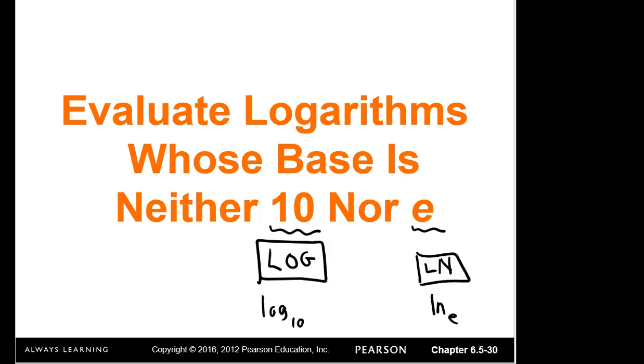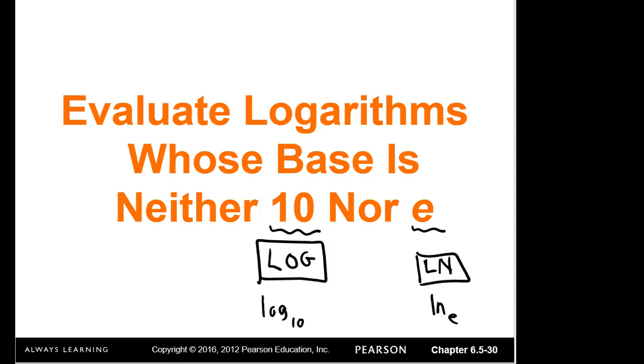But the bases are invisible. You just have to remember that if you see a log and there's no visible base, it's really an invisible 10. And natural log is always base e, always, and nothing else.